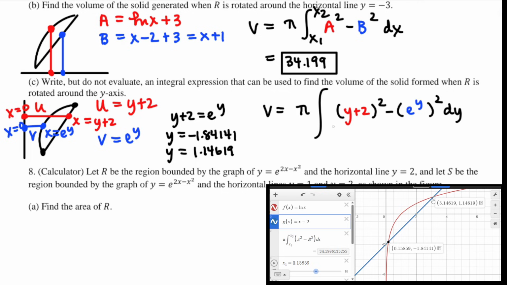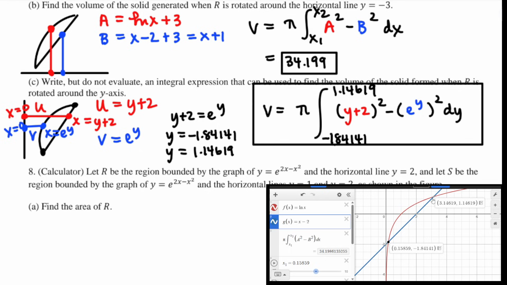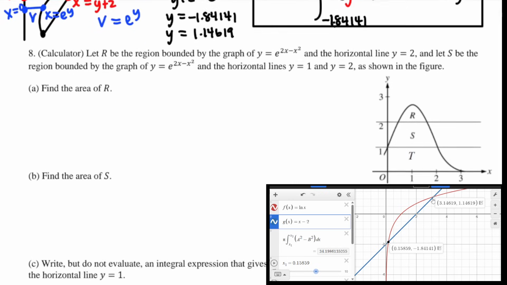And these are going to be the bounds I'll put right down here. Right, and then that will be my answer. I can't see the point anymore. There you go. All right, now the next one.